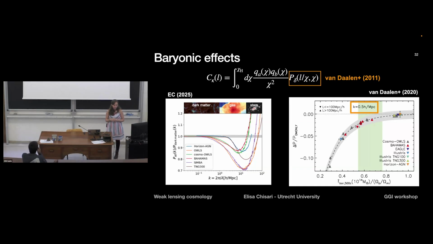Yeah, this is being swept a little bit under the rug. If you look at the redshift evolution of this plot, this is plotted at redshift 0, but different simulations will do different things.